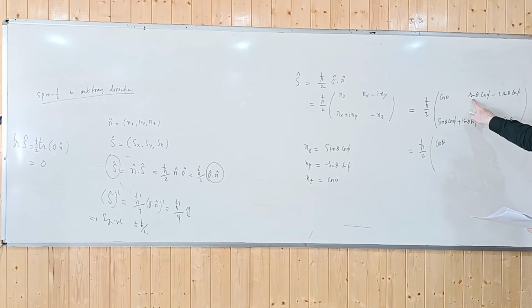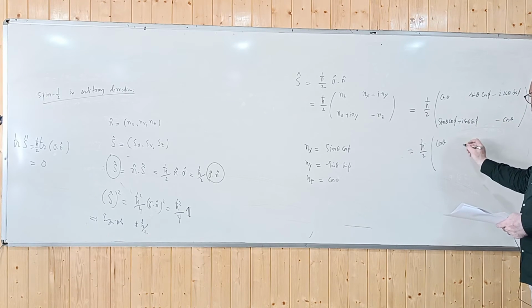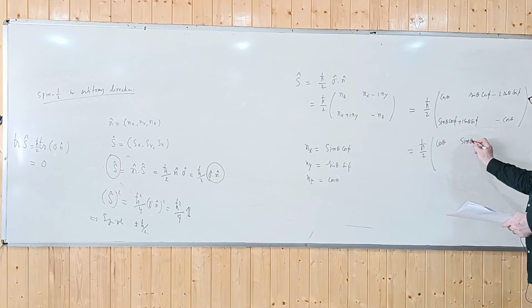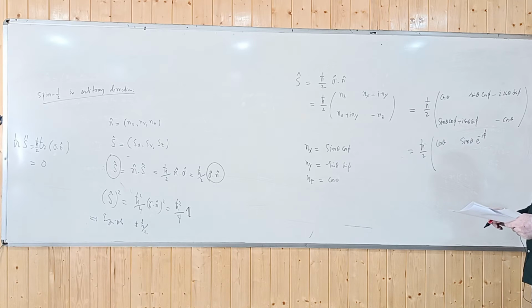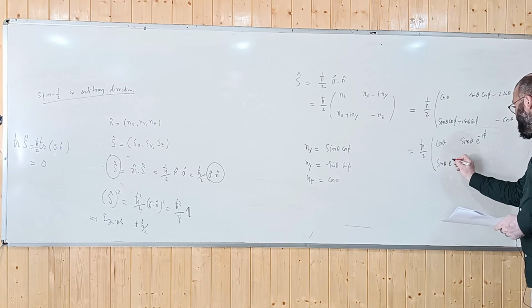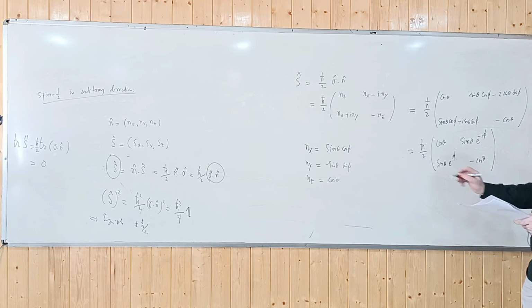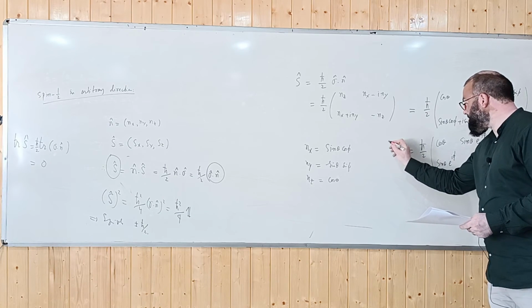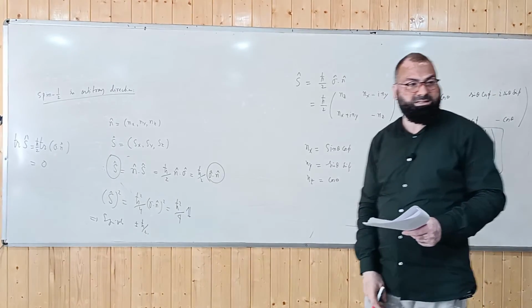Now look here, sine theta you can take common. What remains? Cos phi minus i sine phi, that is e raised to minus i phi. Sine theta e raised to minus i phi. Then you have sine theta e raised to i phi, minus cos theta. Clear? Got it?